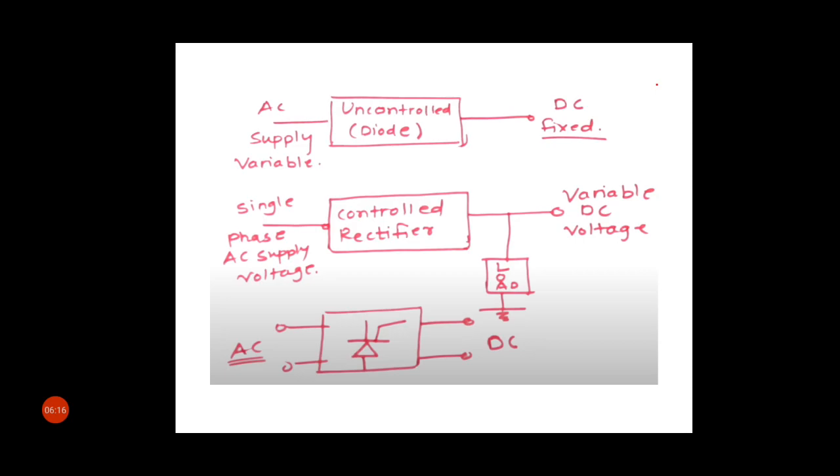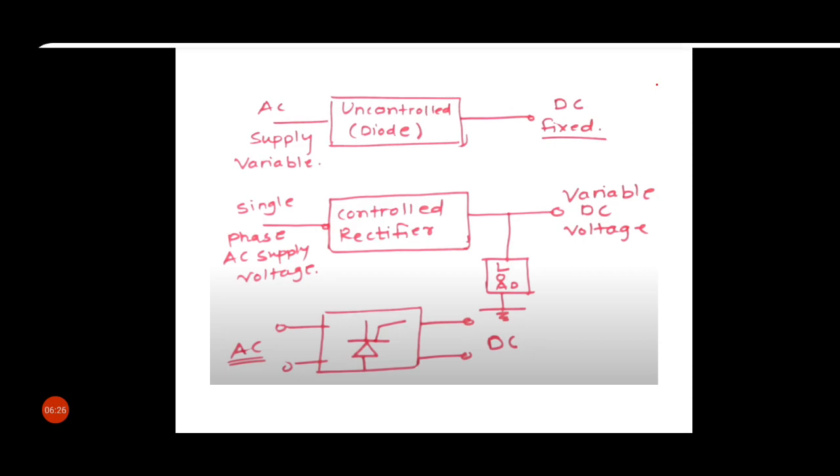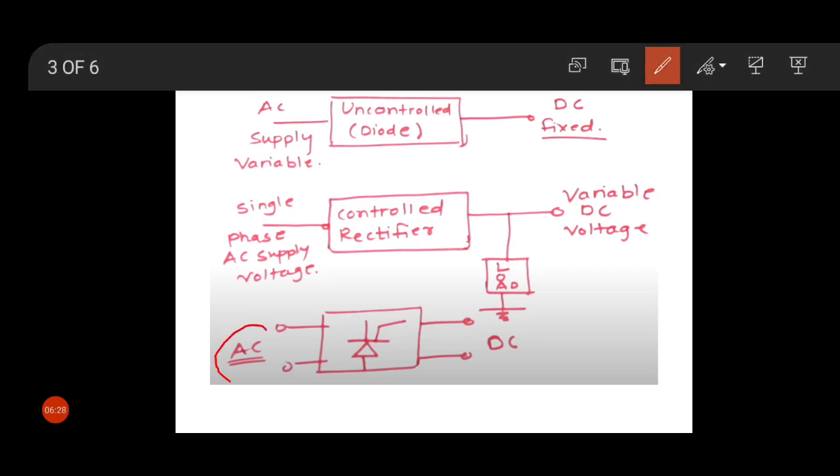That means the AC signal is this. So at input we give AC signal. For the first half cycle, our SCR will remain on.